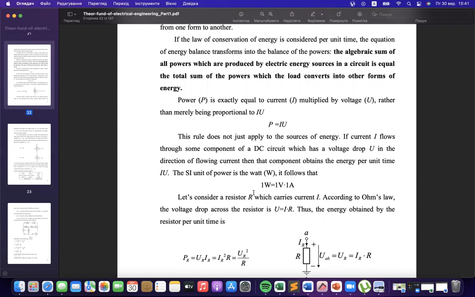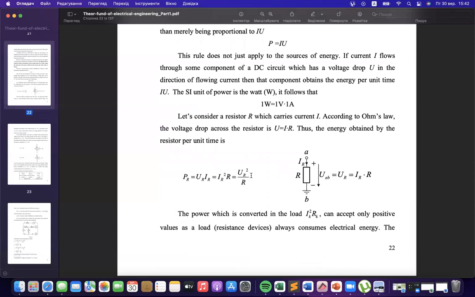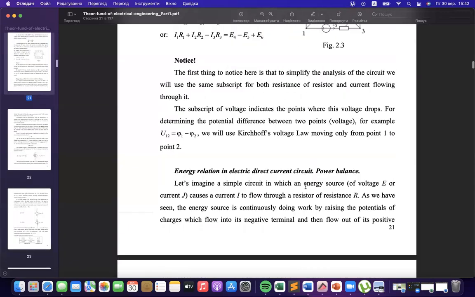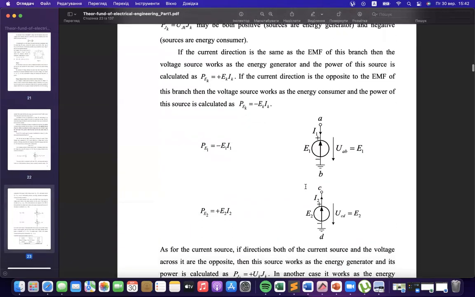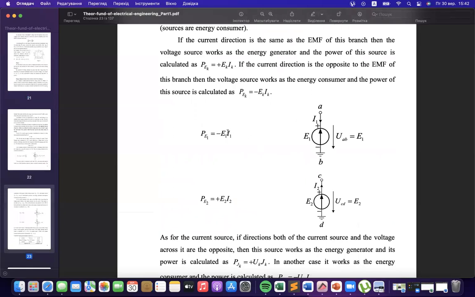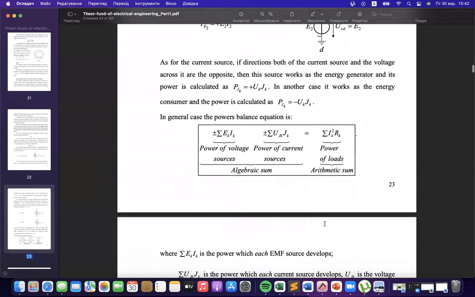That is why energy equals power simply multiplied by time. That is why if energy stays the same, then power also should stay the same. Power of sources equals power of consumers. Power of consumers could be found as joule heating, for example, square of current multiplied by resistance of the resistor. And power of sources could be found as multiplication of voltage and current for sources.